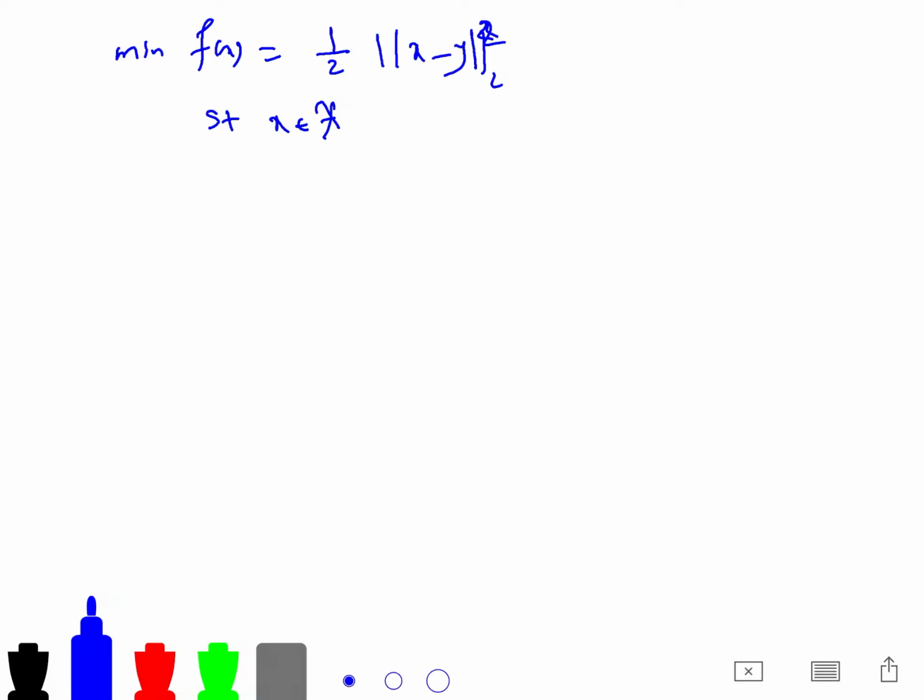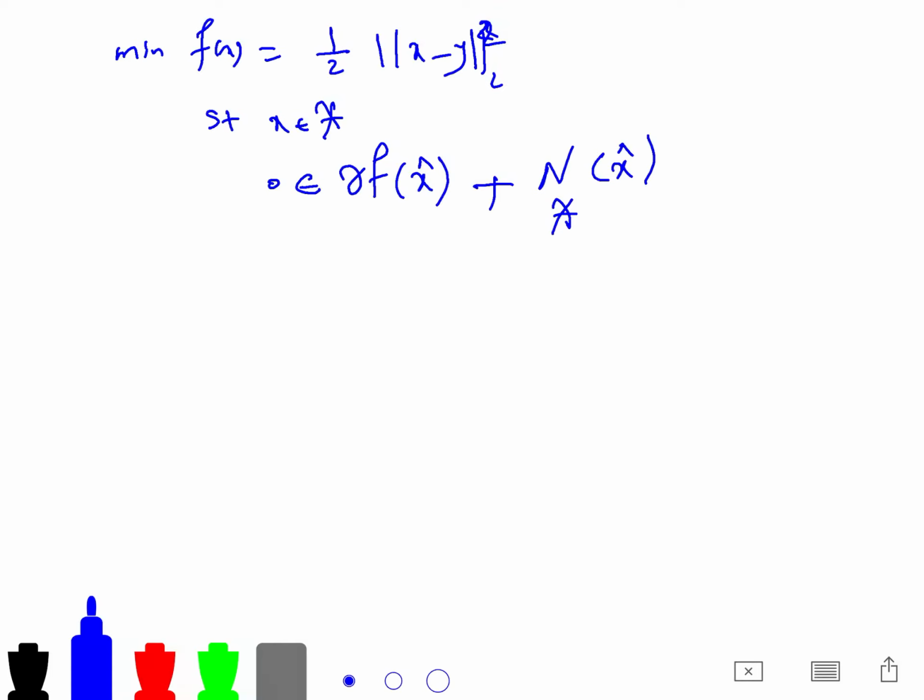So x hat is an optimal solution, as we said before, if 0 is inside the subdifferential at point x hat plus the normal cone of set X at point x hat.